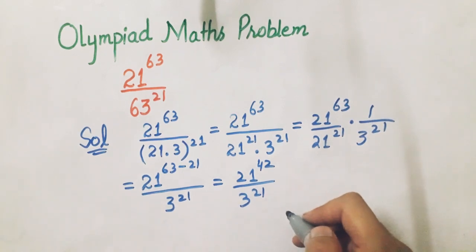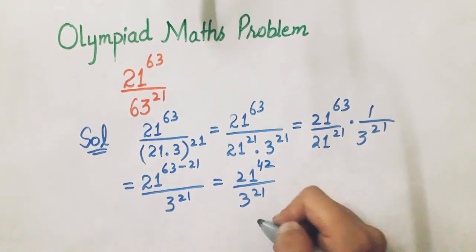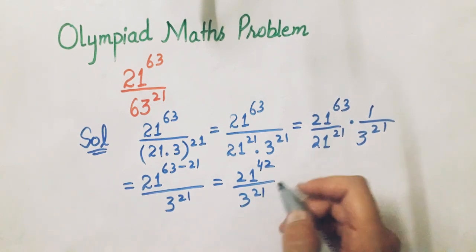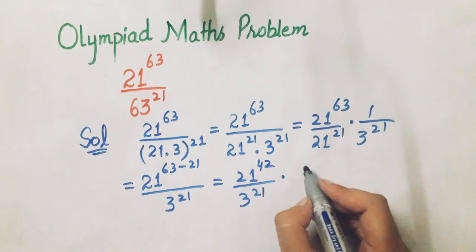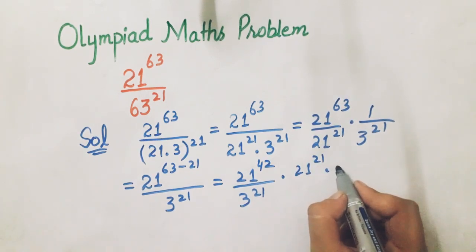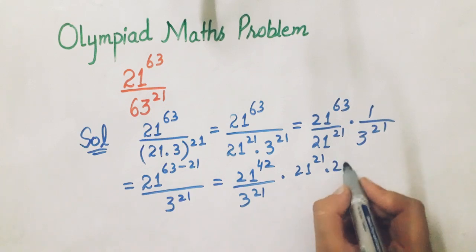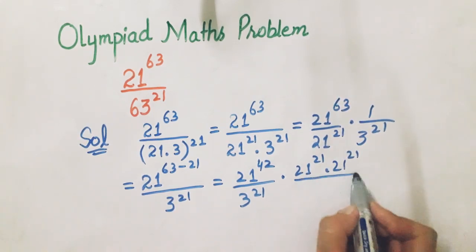Now in the next step we have 21 raised to power 42 and 3 raised to power 21. Now we will split this 42 as 21 raised to power 21 multiplied by 21 raised to power 21, because 21 plus 21 is 42.